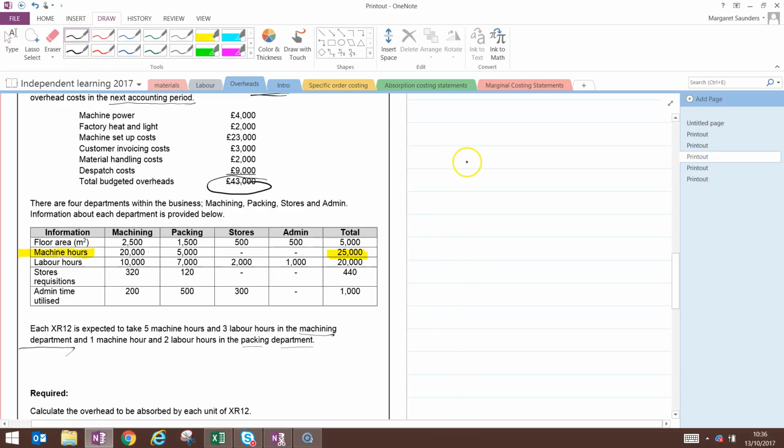The calculation that we're going to do is we will take the total machine overhead, £4,000. We will divide it by the total number of machine hours, and we will then multiply it by the machine hours in each department. So multiply it by 20,000, and that tells us how much of the £4,000 relates to the machining department.